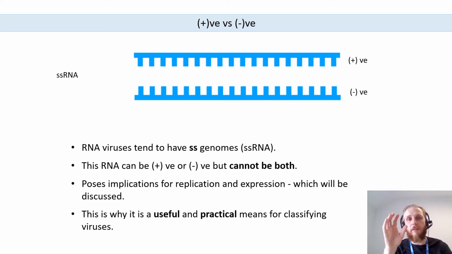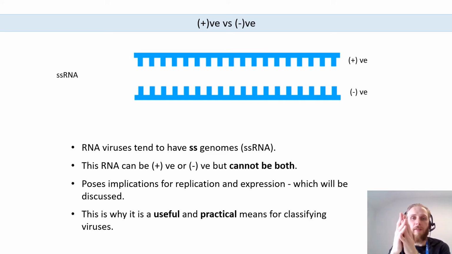Because if the viral genome is positive sense, so if it's an encoding strand, then that genome can essentially just be translated straight into protein. From your lectures around cell biology, you should understand that in a normal host cell, the process of protein expression means going from double-stranded DNA, using that double-stranded DNA to produce mRNA, and then this mRNA is translated into protein.